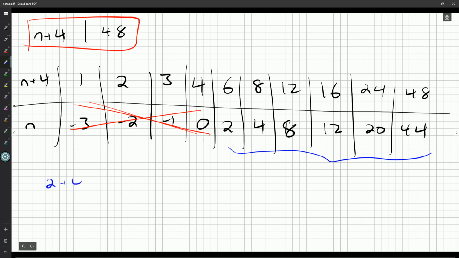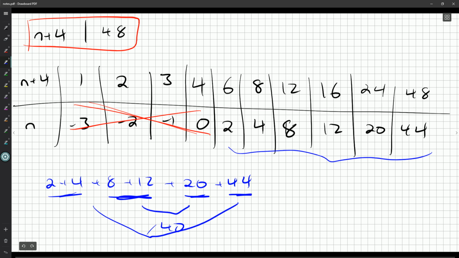So 2 plus 4 plus 8 plus 12 plus 20 plus 44. So those two are 20. That's another 20. That's 40. 6 and 44 is 50. So these two, 40. And then all of it together should be a total of 90. Okay?